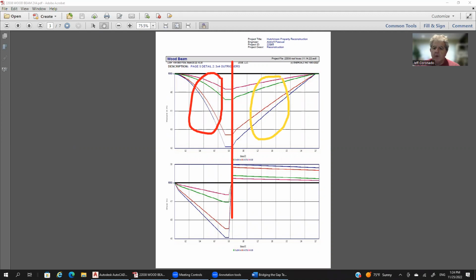But either way, in both cases, what you are seeing is that the moment causes compression on the bottom fibers, both on the left side and on the right side.